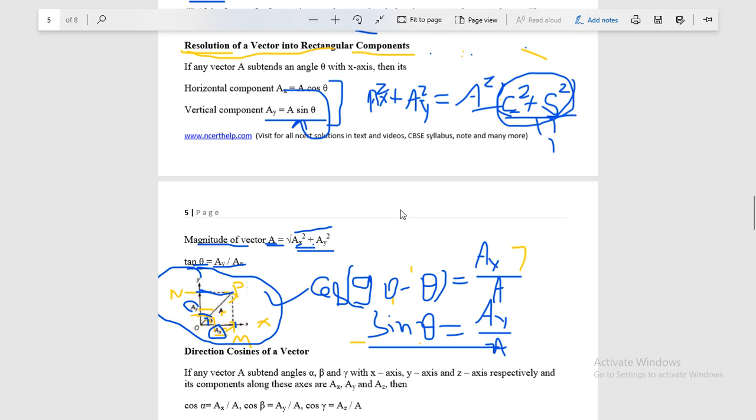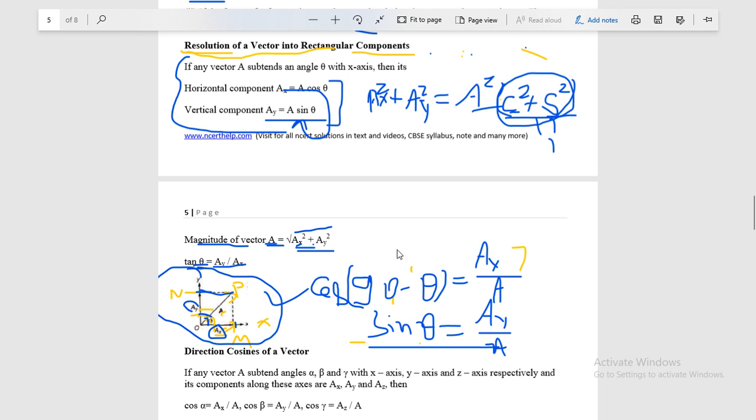And in further topics there will be use of resolution of vector, so you must revise this topic many times so that you will be able to resolve a given vector in two rectangular components.